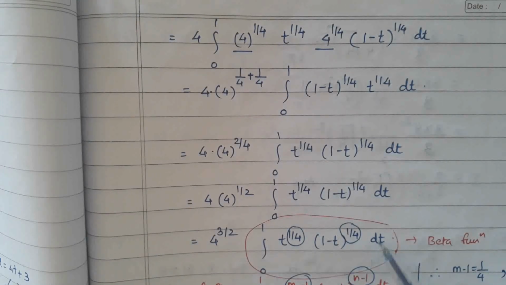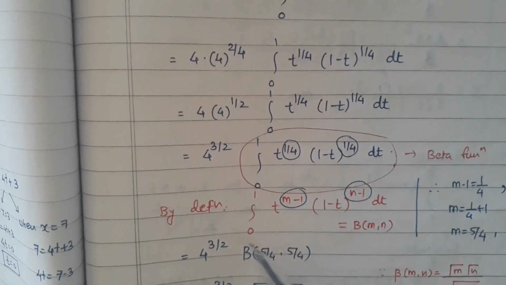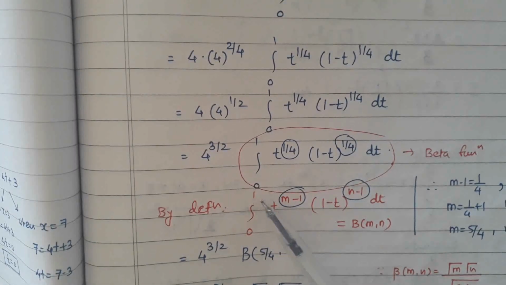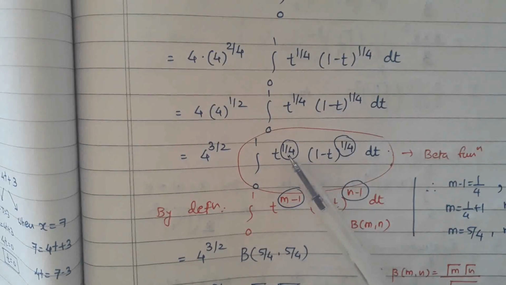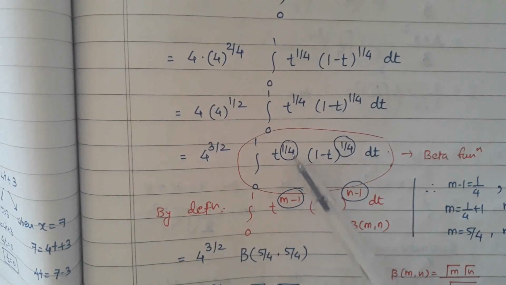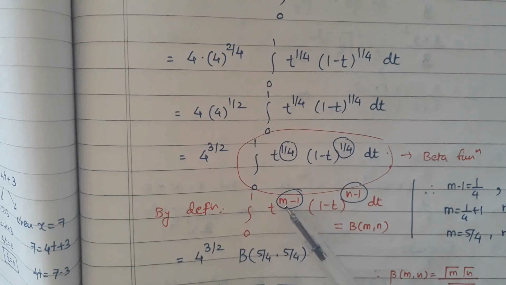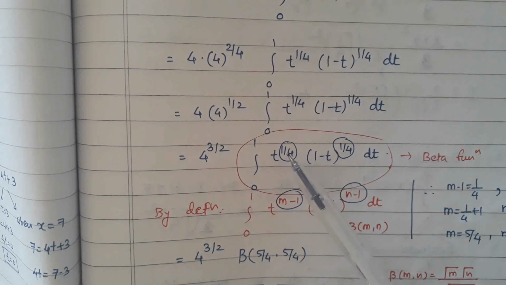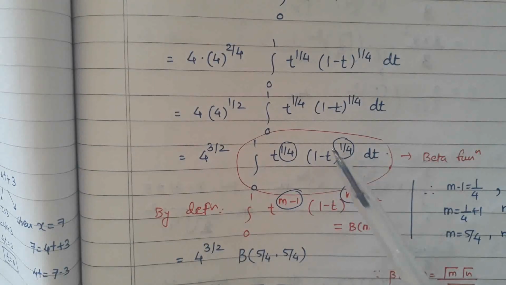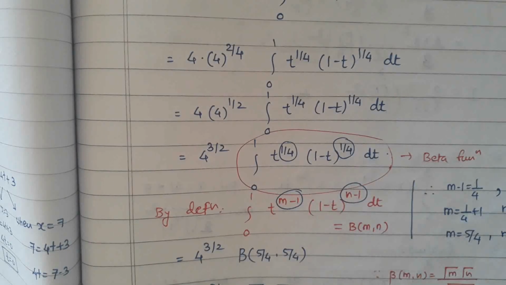If you observe, this can be compared with the definition of the beta function. By definition, the integral from 0 to 1 of t to some power, so you can find the values of m and n by comparing the powers of t. m - 1 = 1/4 and n - 1 = 1/4, and this integral is equal to beta(m, n).